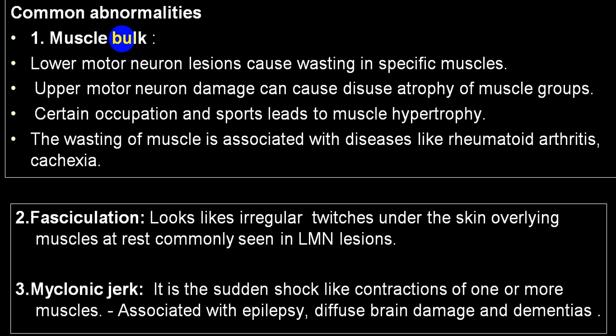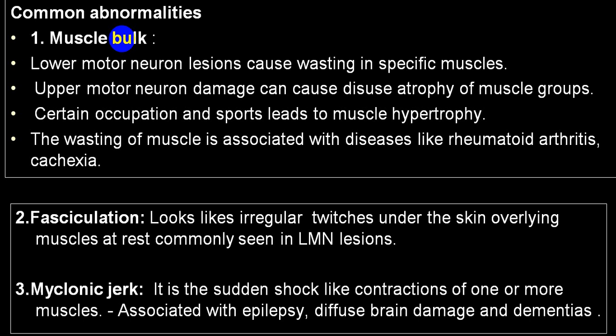We call it wasting or atrophy. And it will be a good number of times localized muscle wasting. While in an upper motor neuron, it will be a big group of muscle involved. Say entire upper limb, entire lower limb, entire half of the body. And over a period of time, there will be disuse atrophy.